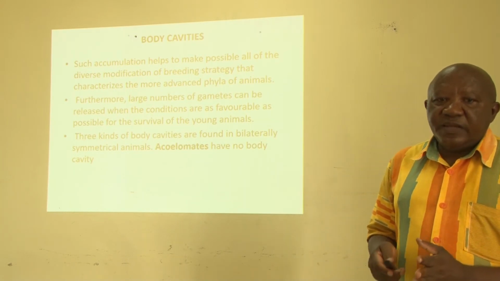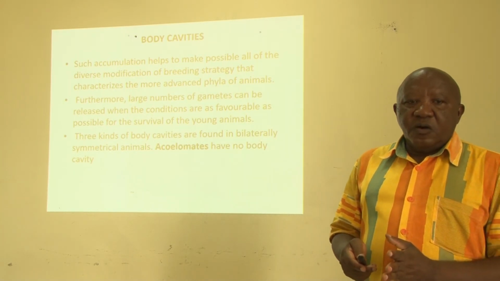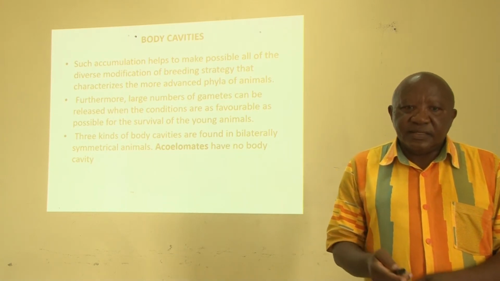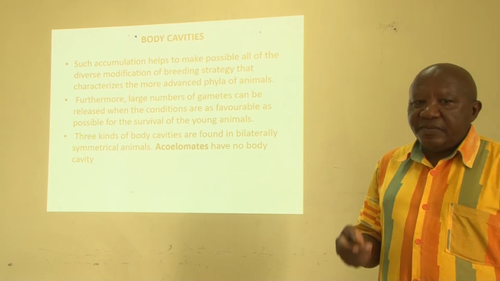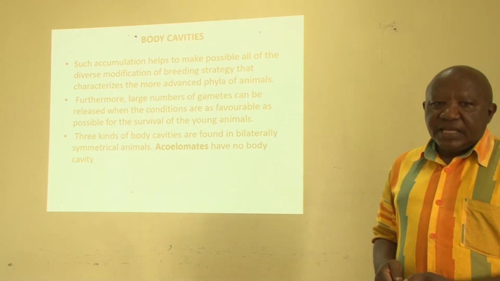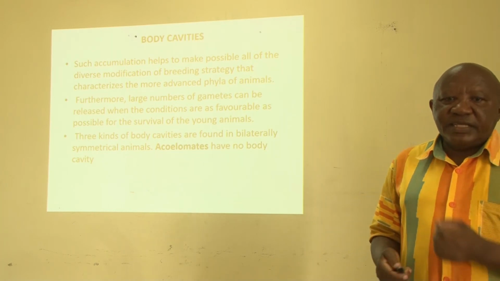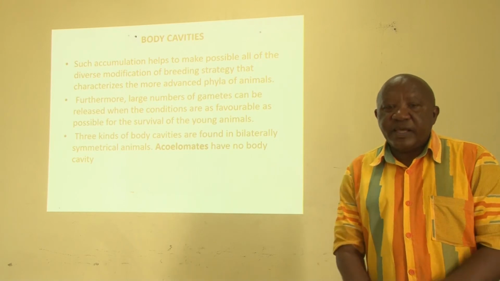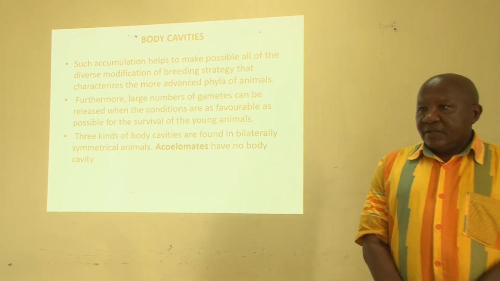Such accumulation helps to make possible all the diverse modifications of breeding strategies that characterize the more advanced phyla of animals. Furthermore, large numbers of gametes can be released when conditions are favorable, which is important for the survival of the young animals.